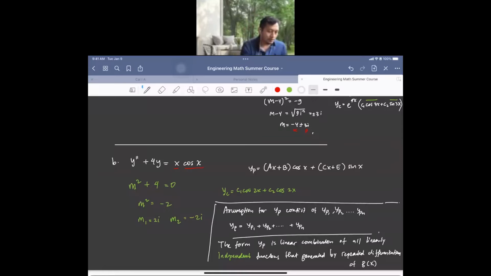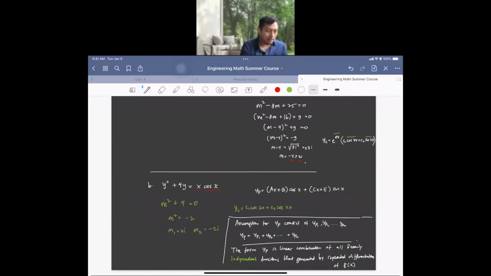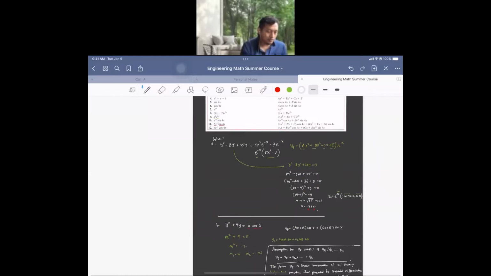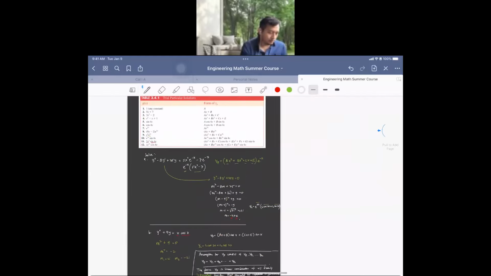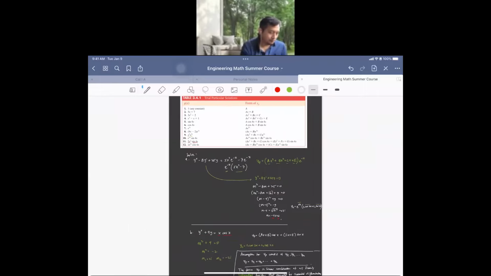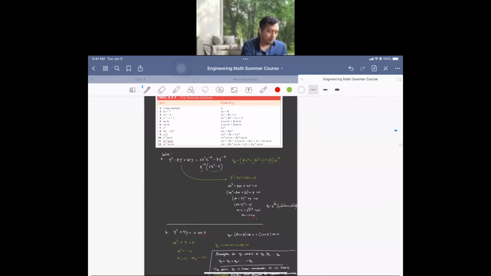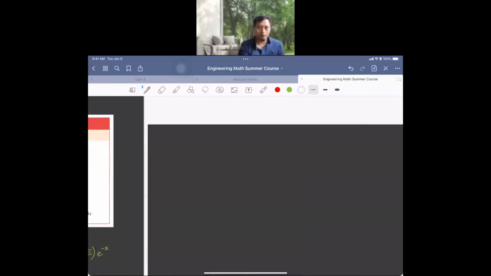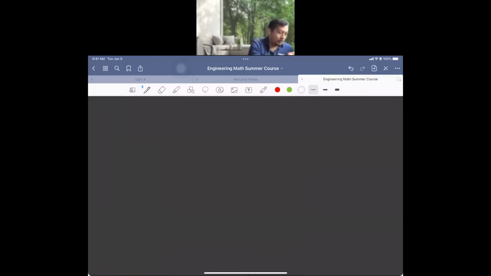Okay, let me give you more examples. How do we take care of our linear case?